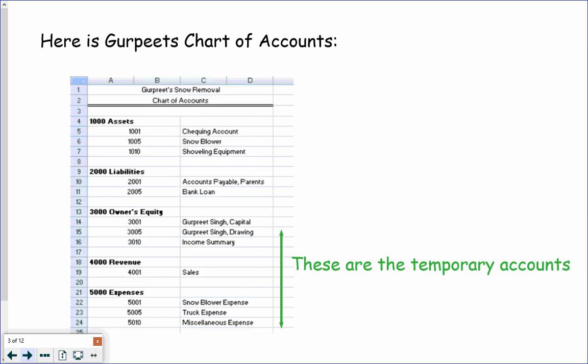And then here are what we call the temporary accounts. We've got drawings and income summary. We've got his sales, so that's the customers that he's doing snow removal for. And then he's got 3 expenses: his snowblower expense, a truck that he pays expenses on, and other miscellaneous expenses. Those are his accounts.